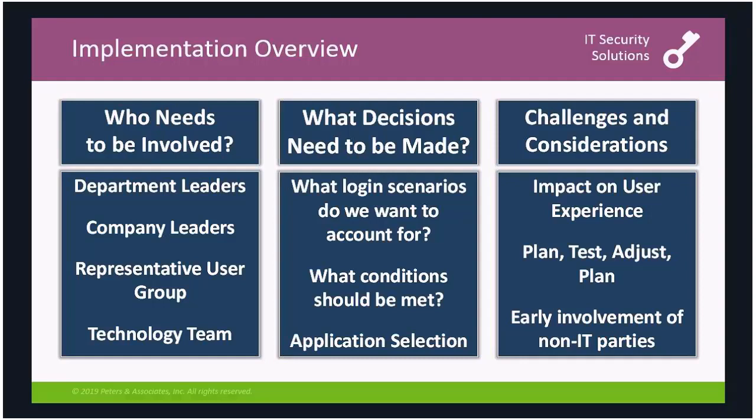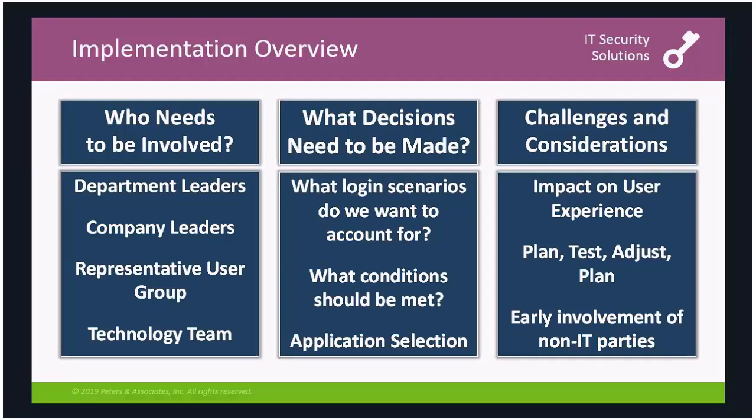So who needs to be involved in implementing these types of things? Typically, we look for department leaders. They are the ones that know the different applications they might rely on, particularly those cloud ones that we might want to do single sign-on to. Certainly, company leaders in any discussion like this where we're talking about adding security features or changing the user experience. Company leaders have accounts that are highly valuable to attackers, and we'd want to make sure those are secured with things like MFA.